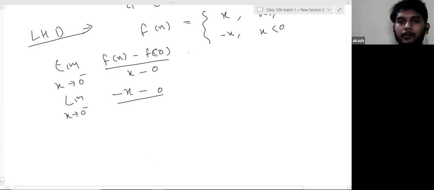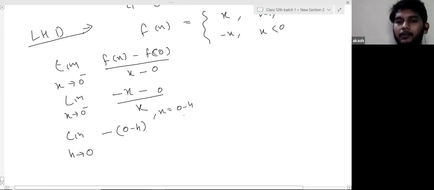And here x, and we can write this limit h tending to 0, minus (0 minus h). I hope you remember left hand limit. We put x equals to 0 minus h.